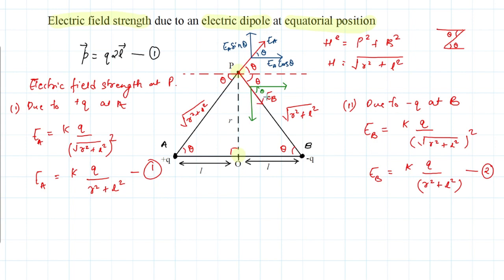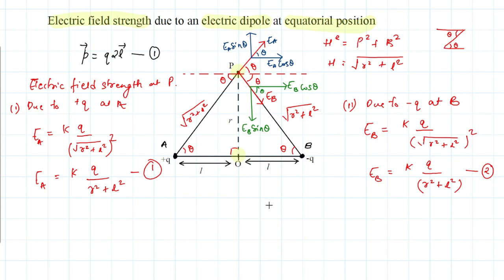This component is given by EB cos theta, and the component perpendicular to this EB cos theta is given by EB sin theta. So this is how our electric dipole at the equatorial position looks after resolving the components.